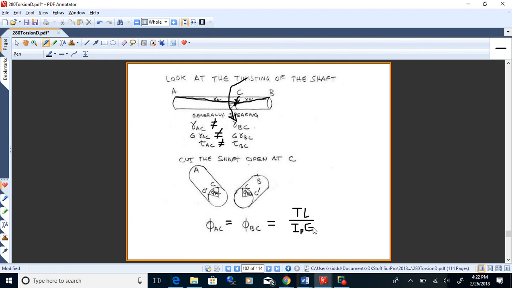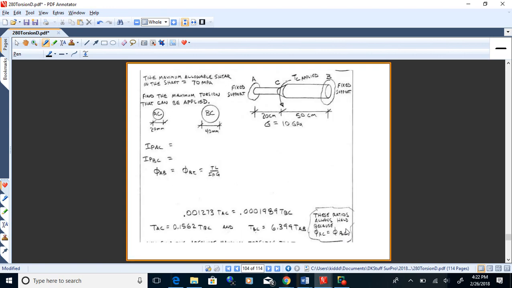This is just like that axial stuff where you can use PL over AE as another way to solve out a problem. This is the same sort of thing, except now we're using TL over IG. So that's how we can solve this thing out.